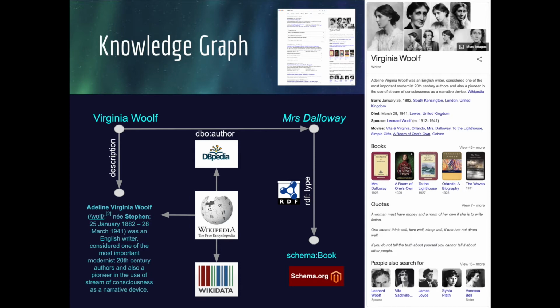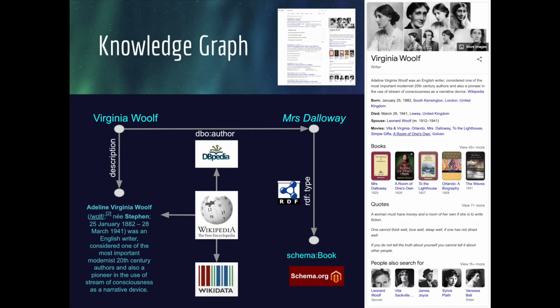And Google has its own knowledge graph, which is proprietary and which we do not see, but it also draws upon the linked open data knowledge graph. And in this case, we can see a few bits of information that have quite possibly derived from Wikipedia. It tells us, in fact, that it gets that description information from Wikipedia.